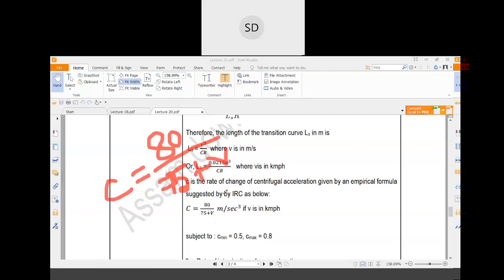Using that equation, you will find some value of C. The value of C should be between 0.5 and 0.8. If you get a value of C as 0.4, you have to adopt 0.5, and if you get a value of C as 0.9, you have to consider C as 0.8, because those are the limits of the C value. After this, you put all these values in the equation and you will get the value of Ls.